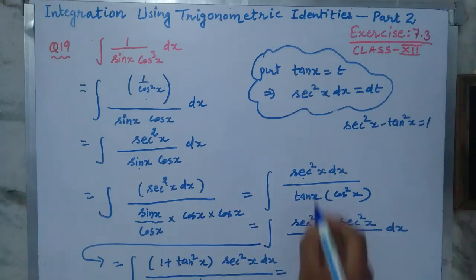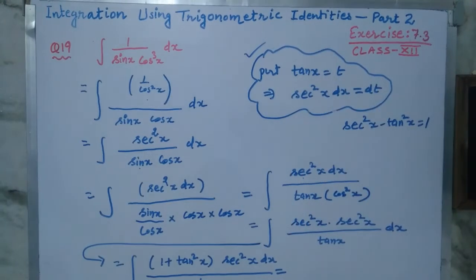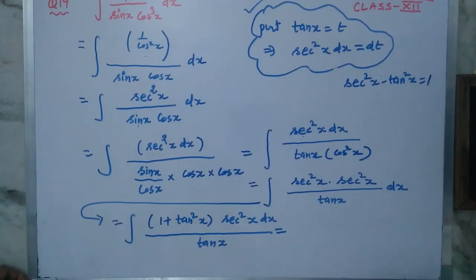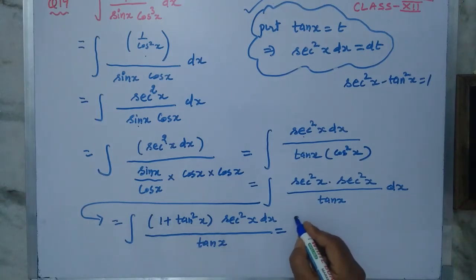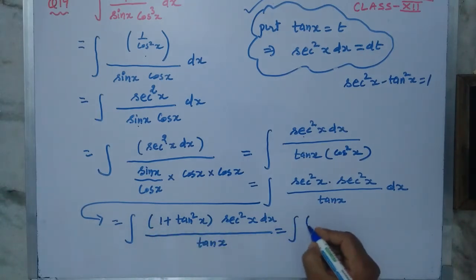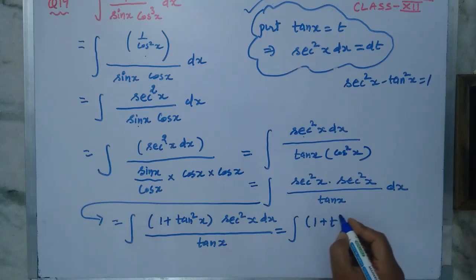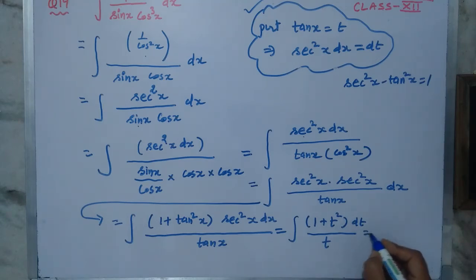So this way now we apply this substitution. That means we write this equal to 1 plus t square into dt upon t. So what is integration of 1 upon t?